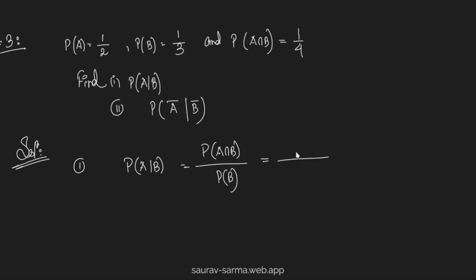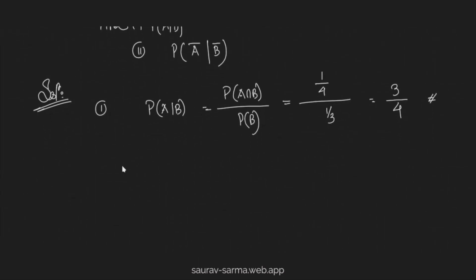A intersection B dia ase 1/4 dia ase, right, and then tomar B dia ase 1/3 so it will be 3/4. Right so it is ekdom simple easy just formula advice.